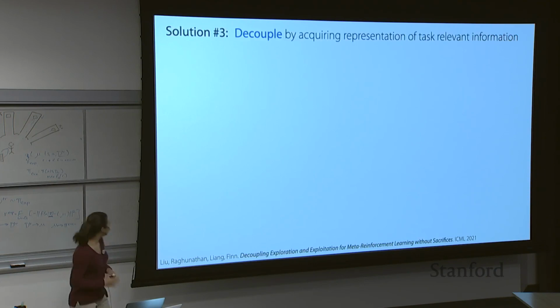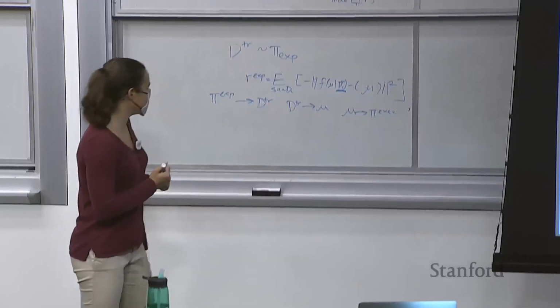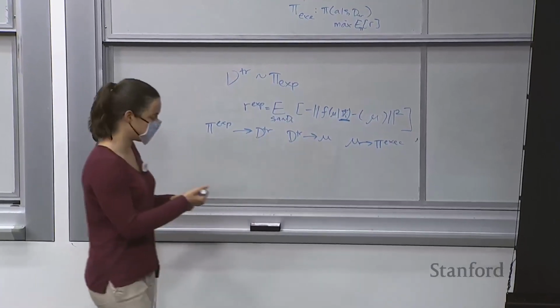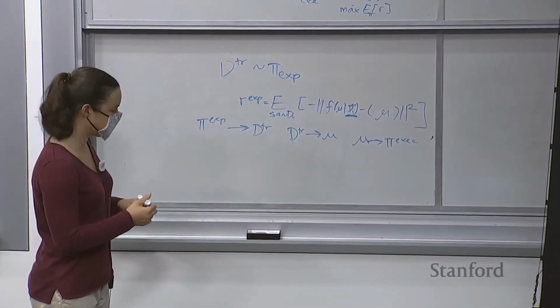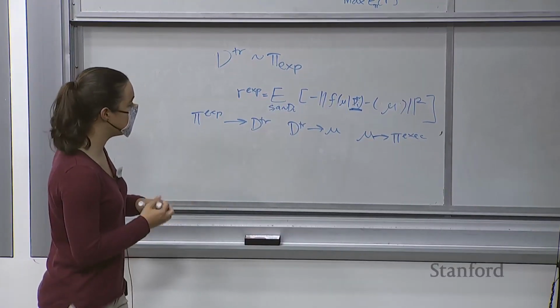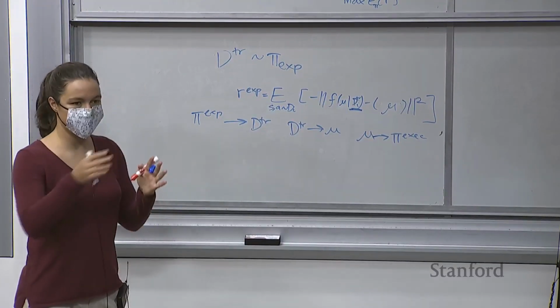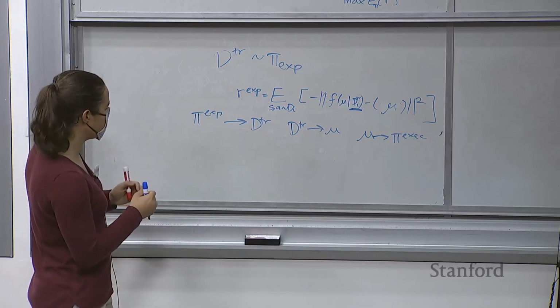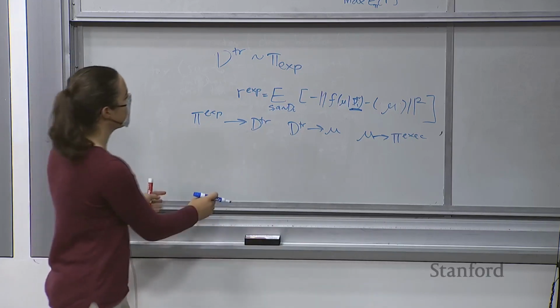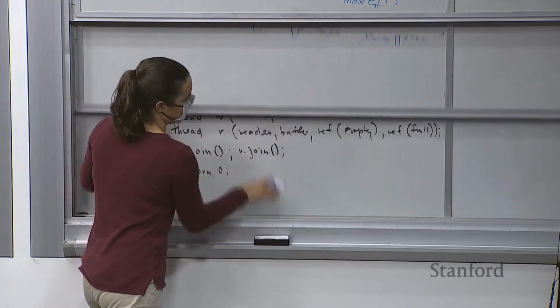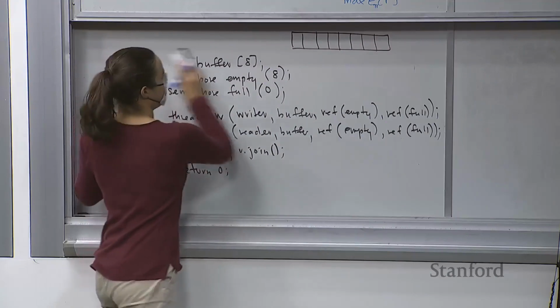So essentially, what we're going to do is we're still going to assume that we have these one-hot identifiers, and we're going to try to learn a representation. We're basically going to introduce an additional model that goes from one-hot identifier to our task representation. I'm going to erase this stuff.